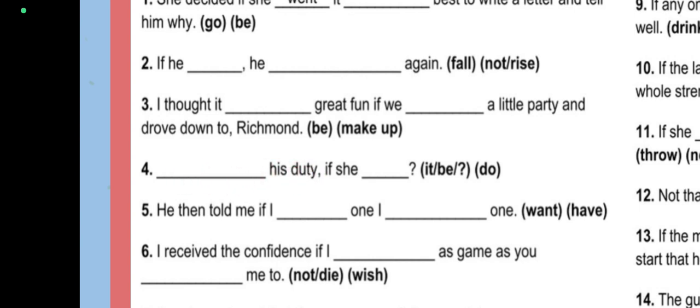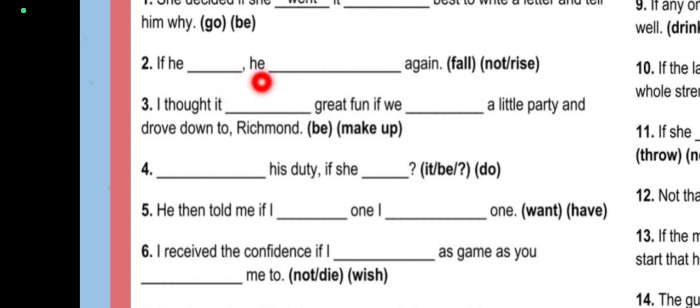¿Alguien tiene pregunta? Sí, can you explain again the question 3, please? I don't understand. Yes, here we have I thought it. So here we don't have an if. We don't have if. So here we are using the result clause.